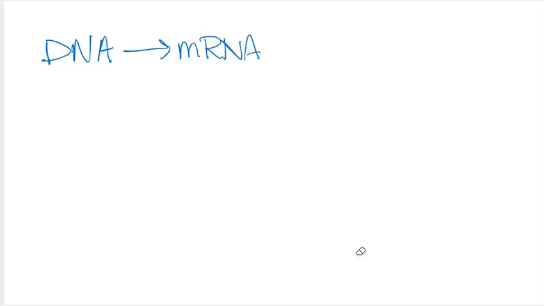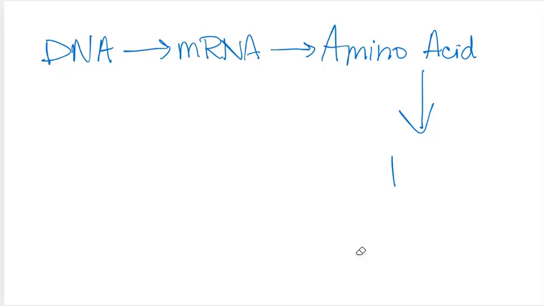That mRNA is a code that is going to make what we know as an amino acid. And then that amino acid is then going to become this thing that we refer to as a protein. Okay, so this is the process that we're going to look at.